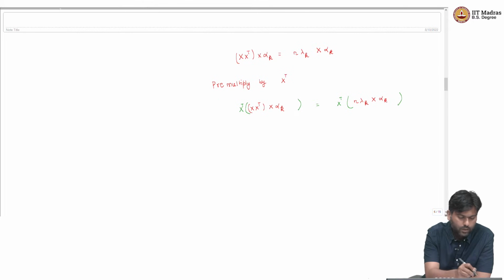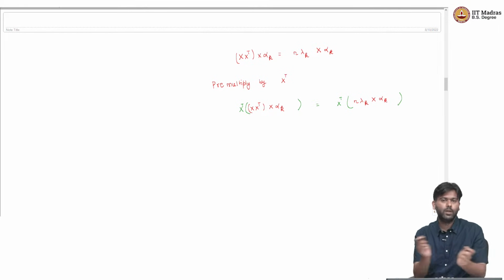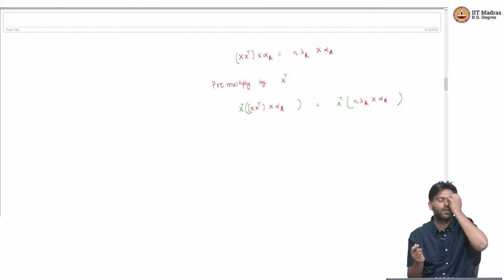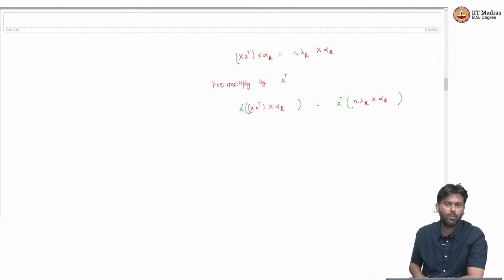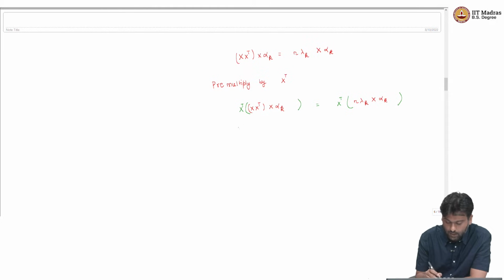Now, if I rearrange terms, matrix multiplication is not commutative always, so I cannot swap terms, but I can change the brackets. It is associative, so I can change the brackets however I wish.